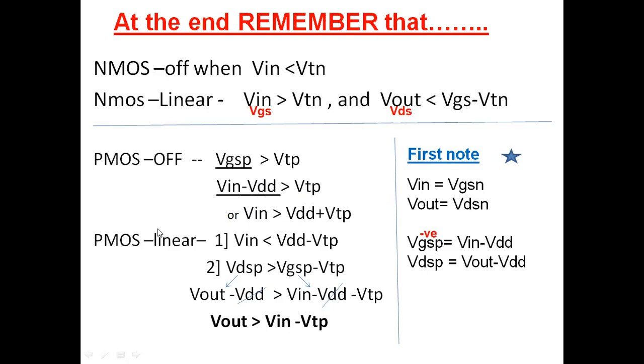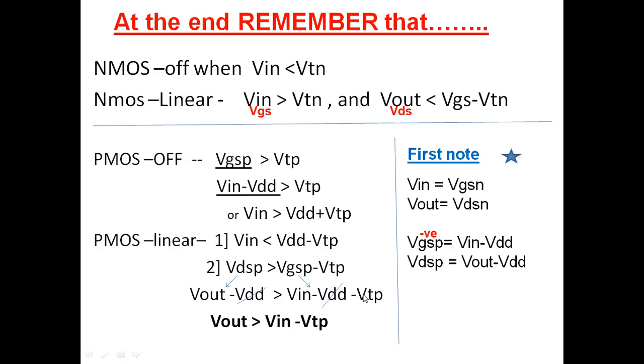Similarly, my PMOS will be in the linear region if Vin is less than VDD plus VTP, and the second condition is that VDSP is greater than VGSP minus VTP, where VDSP is VD minus VS, with VD being Vout and VS being VDD. This is greater than VGSP, which is VG minus VS, where VG is Vin and VS is VDD, minus VTP.